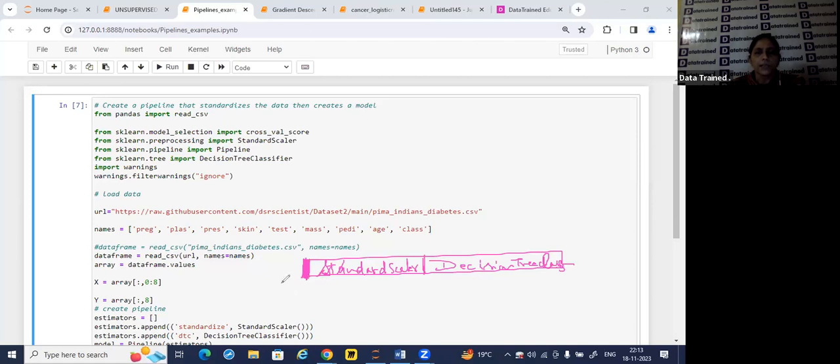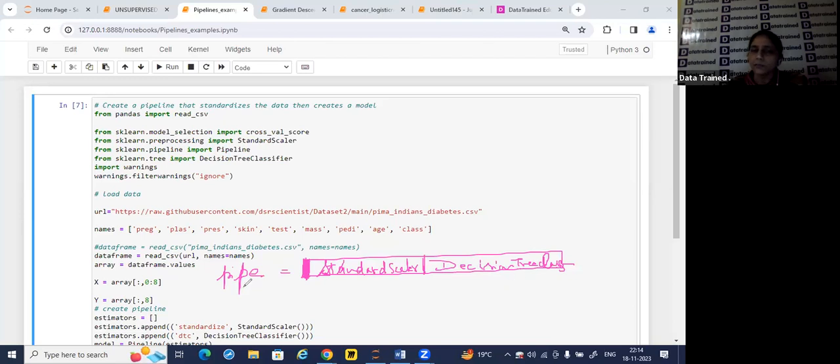Here we can create a pipeline and give it a name, so that before sending any data directly to the model, it makes the standard scaler flow into the decision tree classifier. In a simple way, I'm telling you.